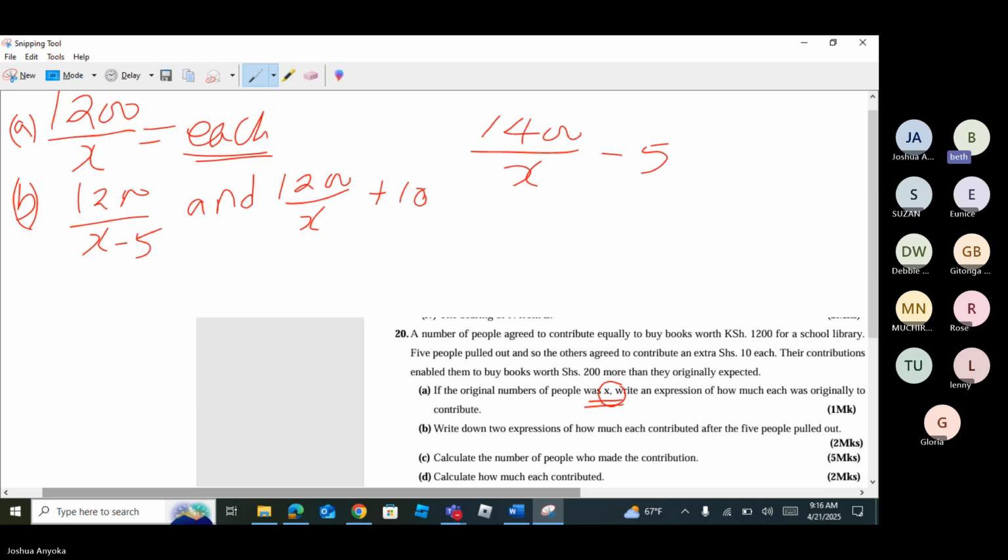Sure, the 5 is on the X. It's good that you have let us know where your X is. Okay, let's now, anybody with something different?